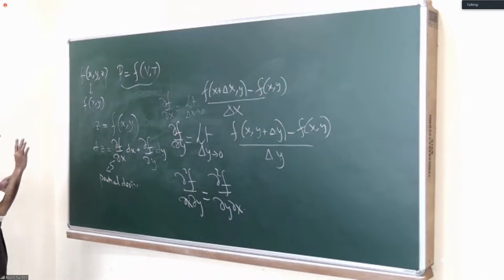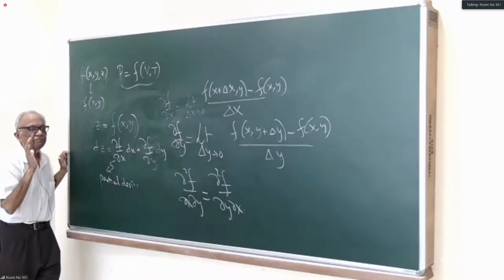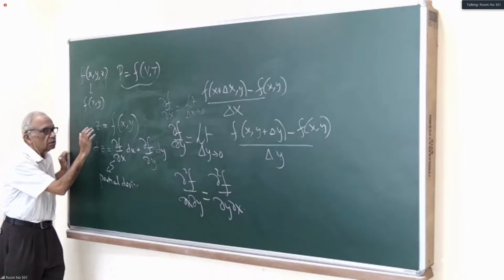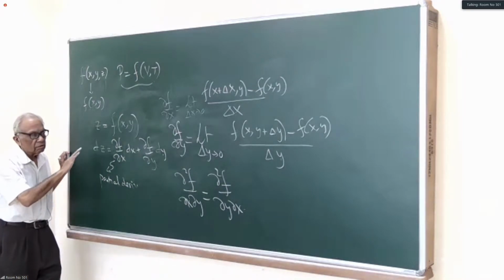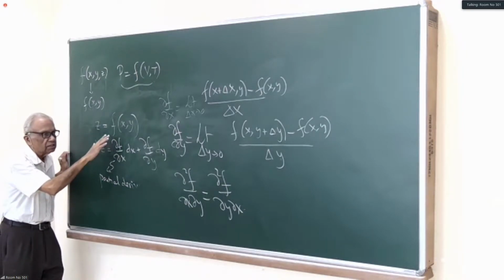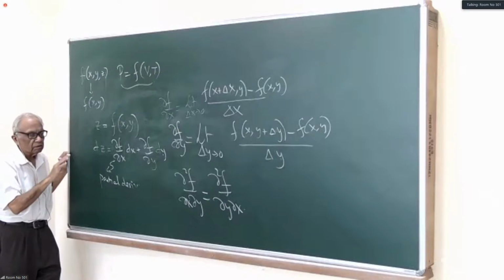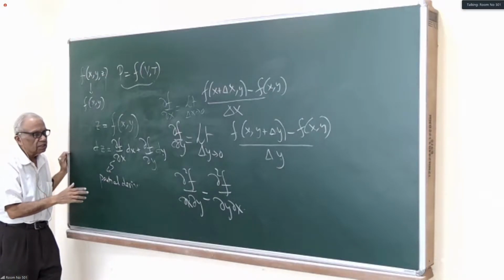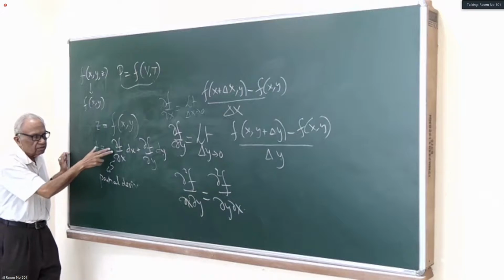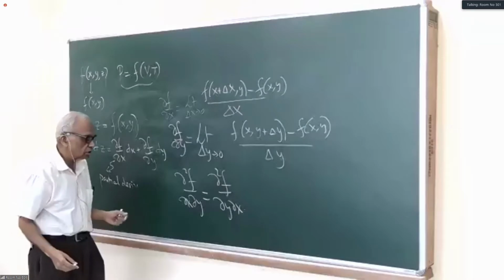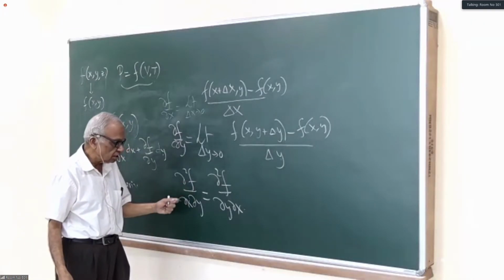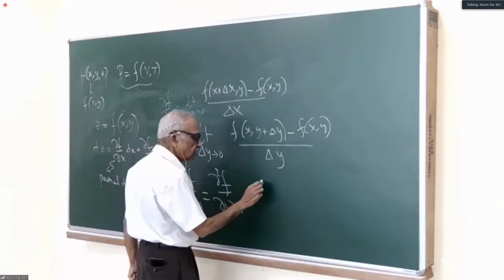If you give me a function of two variables, z equal to f of x y, then I can write this, and all analytic functions that we get are going to have this property: if I change the order of derivative, when I talk about the second derivative, there are three kinds of second derivatives.